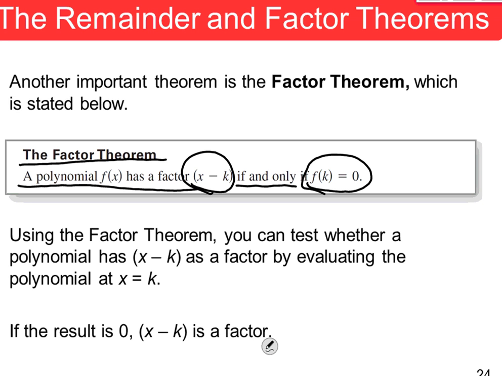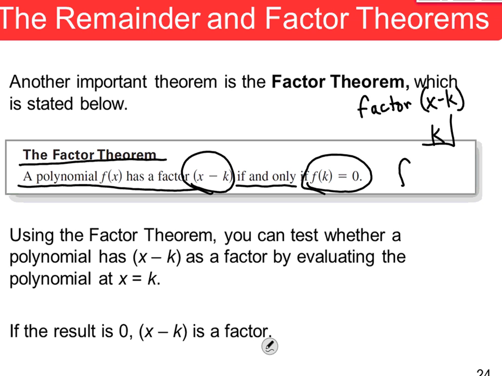And so again, it's that x minus k thing, but then it's k that we do as synthetic division. So just a little reminder of these relationships. So the factor is x minus k. If you do the division, you're going to divide by k in the format x minus k.